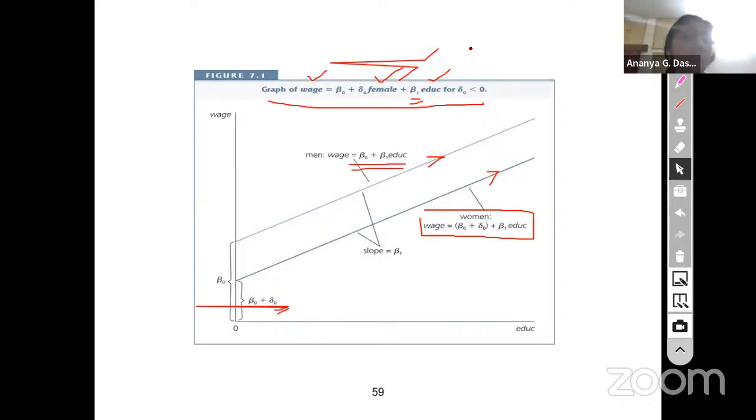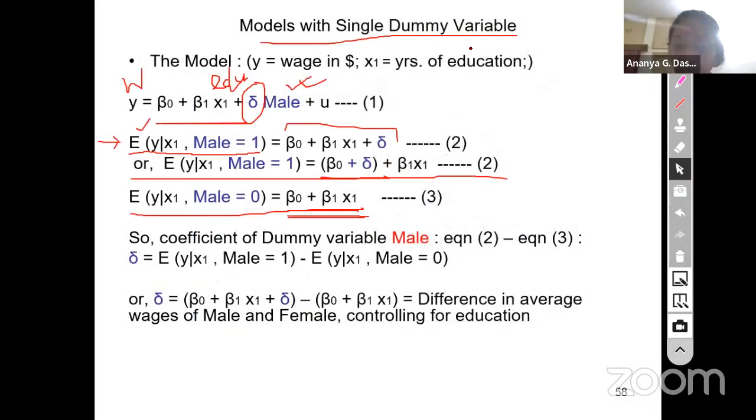You're essentially allowing for two different regression lines which have the same slope, but which have different intercepts. So that's the first thing, just the graph, and what it means to be using a single dummy variable. And now how do you interpret it? You see I have all these equations written over here, and let me just get rid of all this stuff so that it's clear.